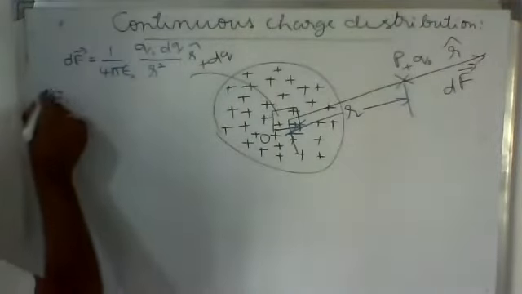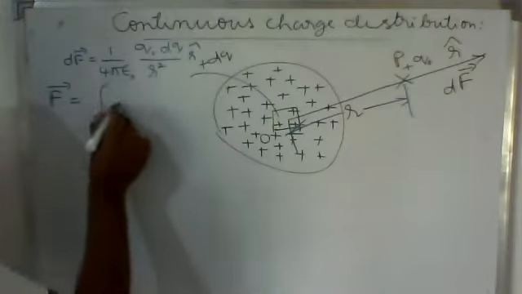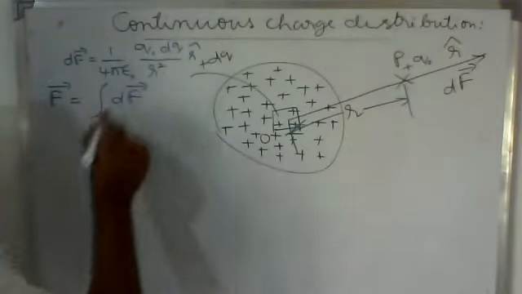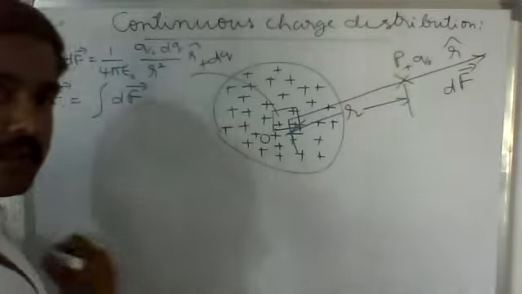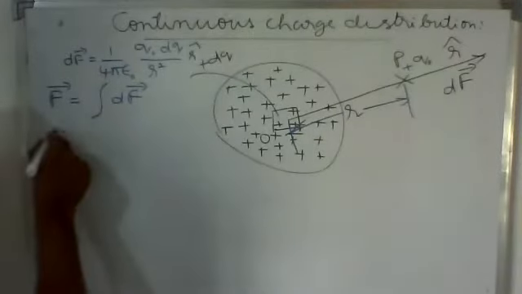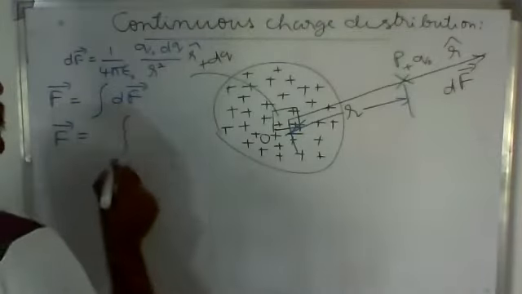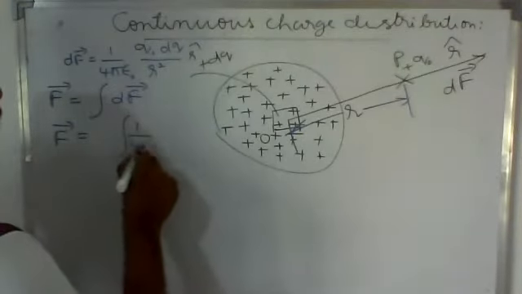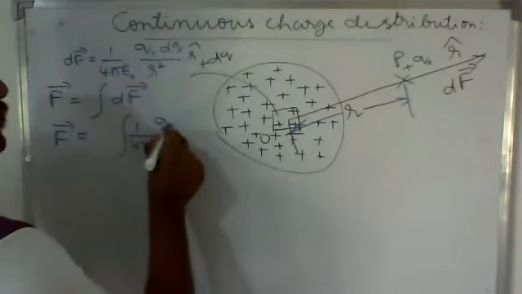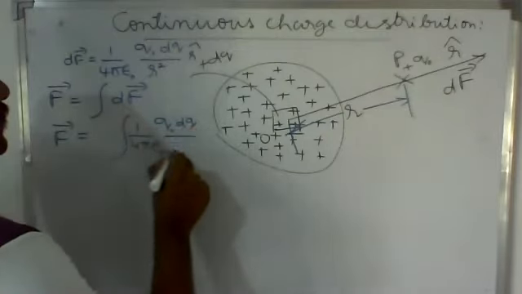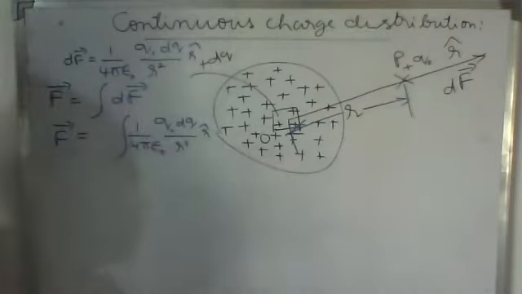So F vector is equal to integration of dF vector, that is 1 divided by 4 pi epsilon naught, Q naught dq divided by r square and r cap.